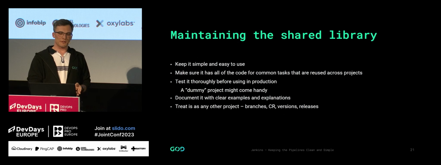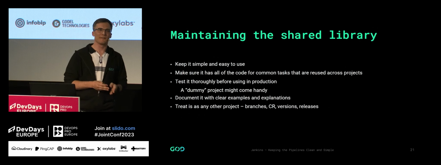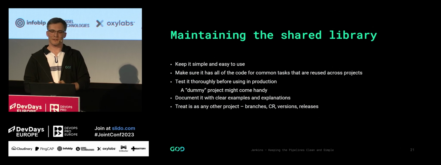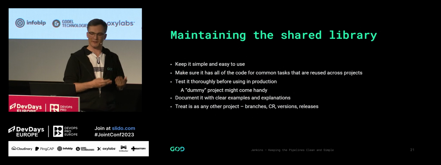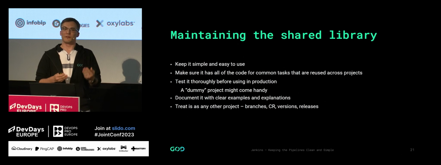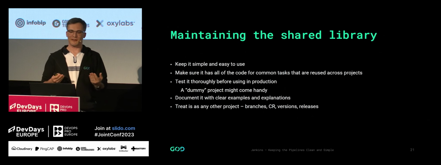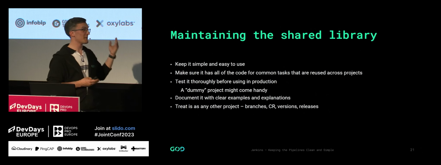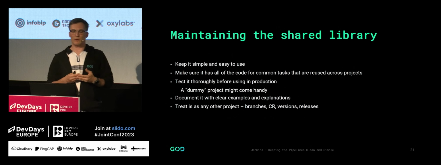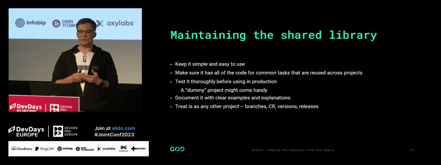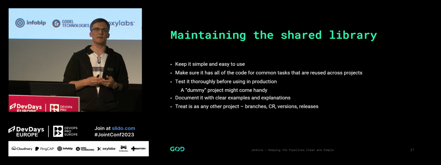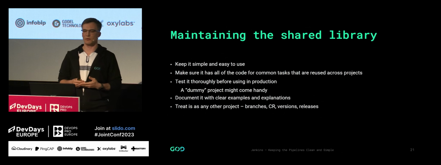You should have branches, you should do a proper CR. It will be nice if there are versions. It will be nice if you release. It will be very nice if you could also test the library and make sure that everything works. Of course, you need to document. My point is, it should be easy to use for whoever is going to use it.